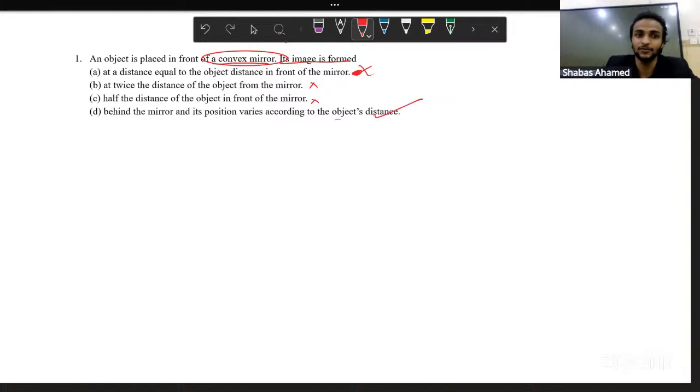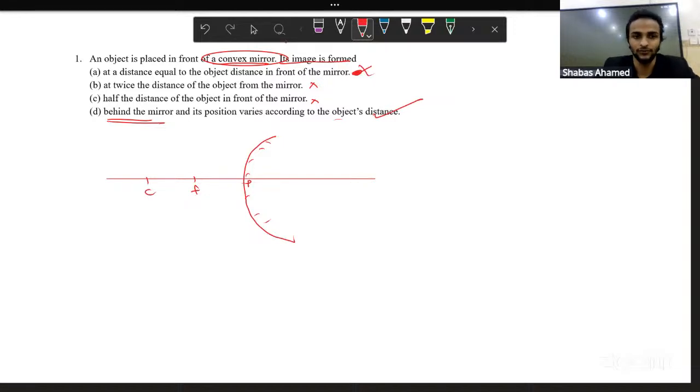So the image will be formed behind the mirror. The image will not be formed in front of the mirror. That is for a concave mirror. For a concave mirror, you can see the shading is inside. This is the principal axis, and we can say this is the pole, focus, and the center.